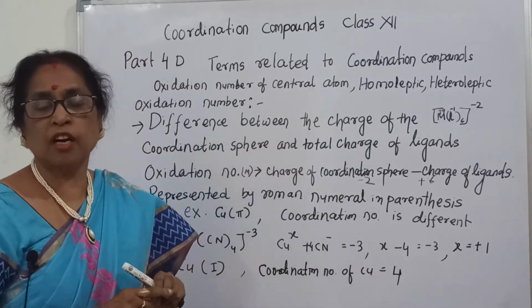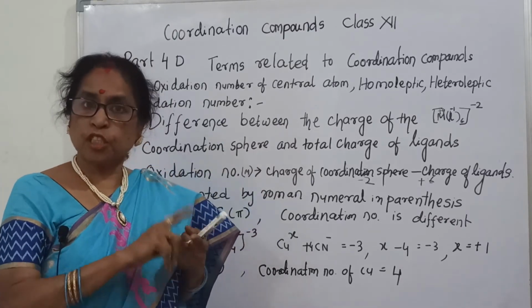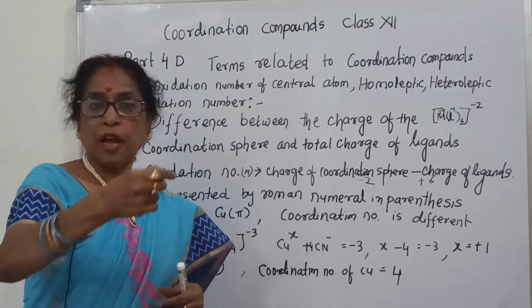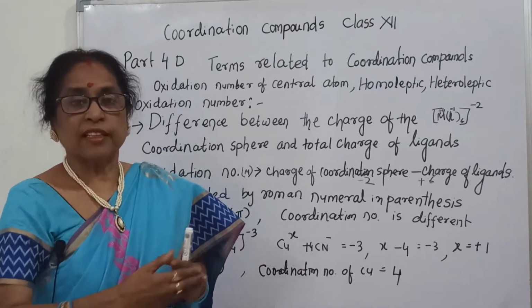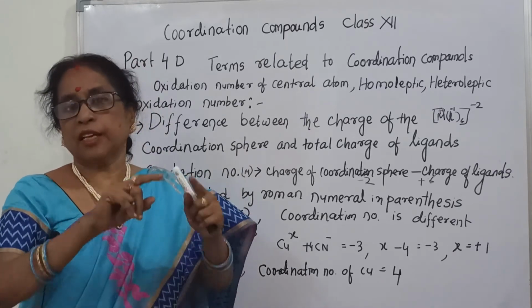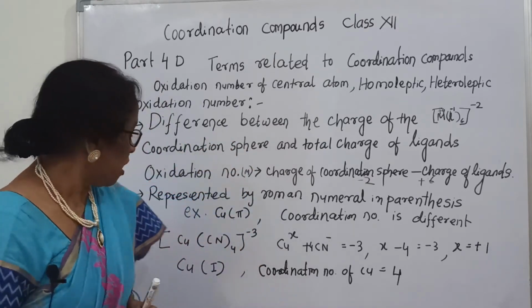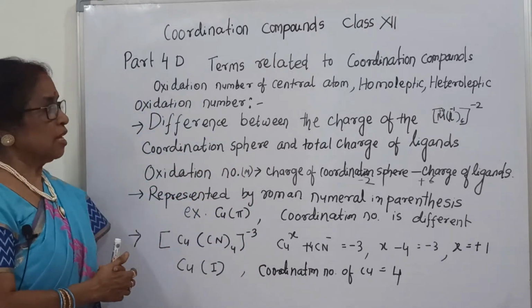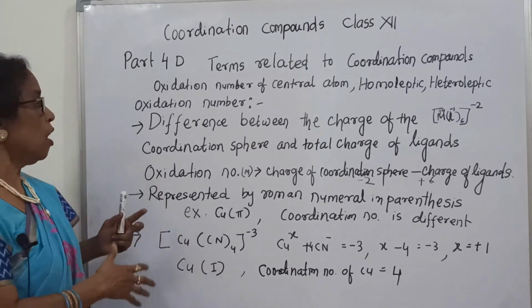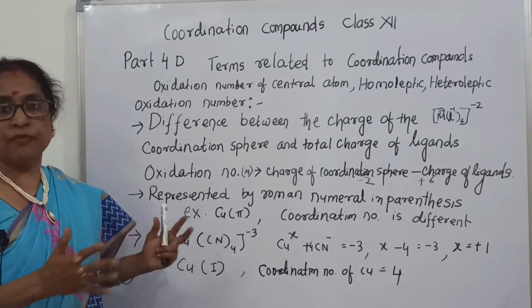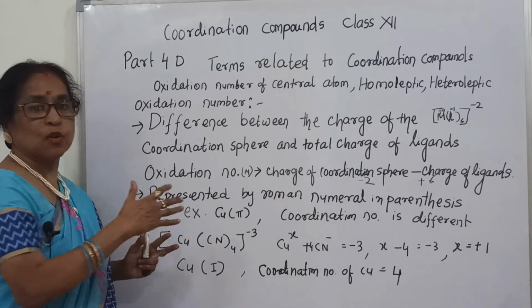Oxidation number has charge, but oxidation number is always a positive charge. When you represent it, only then will you use the Roman numeral in parenthesis in front of the central metal atom. Now we will see another example, then I hope it will be clear to you what the difference is between oxidation number and coordination number.